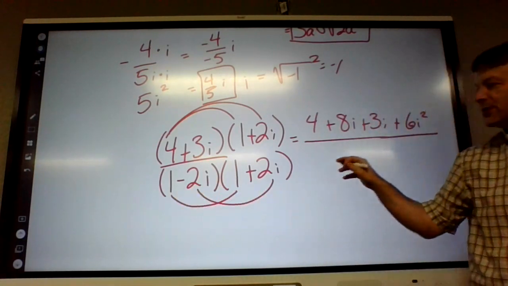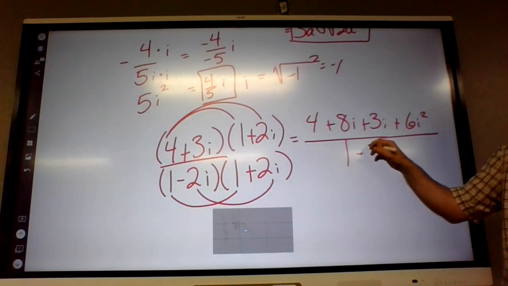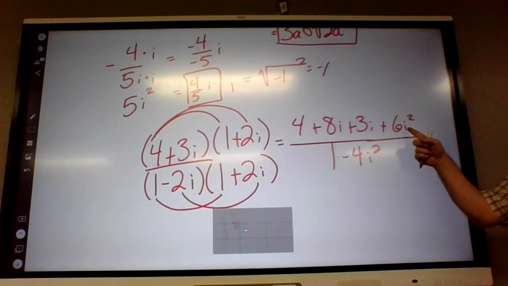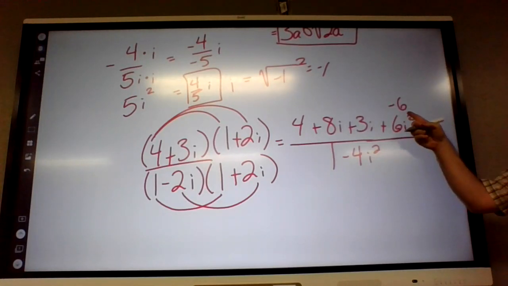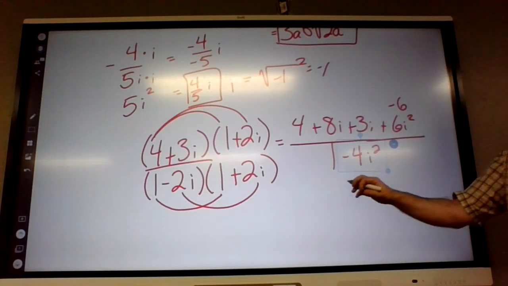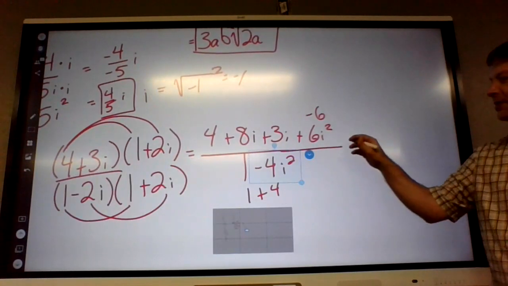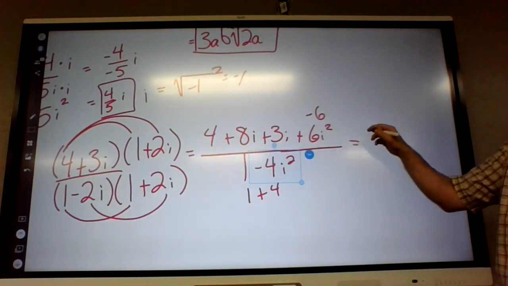So the first is 1 times 1, the last is negative 2i times 2i, which is negative 4i squared. Okay, what happens to these i squareds? They become negative. So this becomes negative 6, and this becomes 1 plus 4. So on the top we have 4 minus 6.